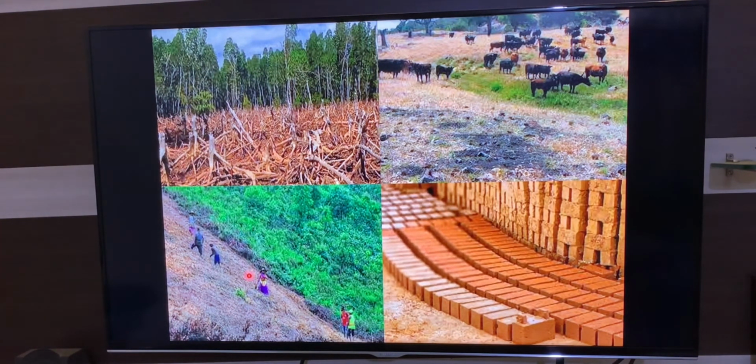The next one is faulty cultivation, and the top layer is used for making bricks and tiles. So first one is regarding deforestation, the next one is regarding overgrazing, third one is faulty cultivation, and the last one is using the top layer soil for manufacture of bricks and tiles.